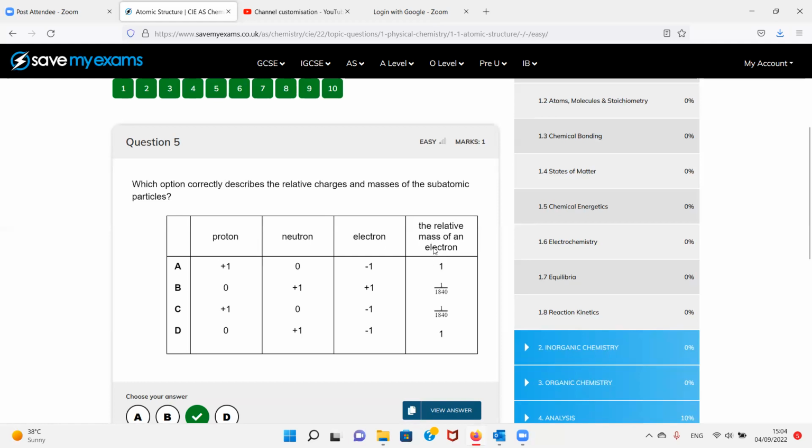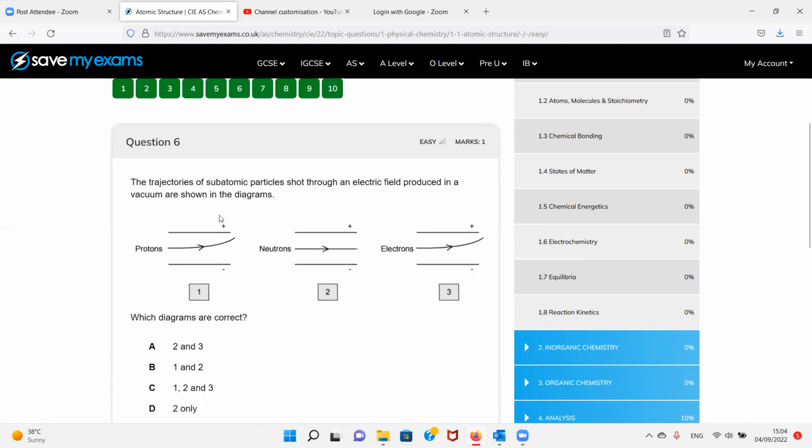And therefore, basically, this answer is not correct. So the proton's charge is 0? No. Proton charge is +1. That's correct. Neutron is 0. Electron is -1. And relative mass is 1/1840, which is correct. So the correct answer is C.